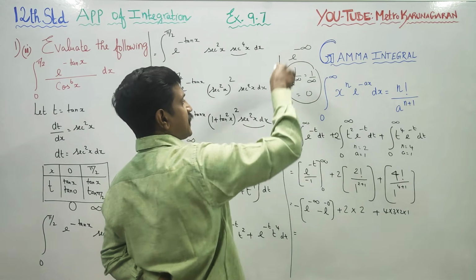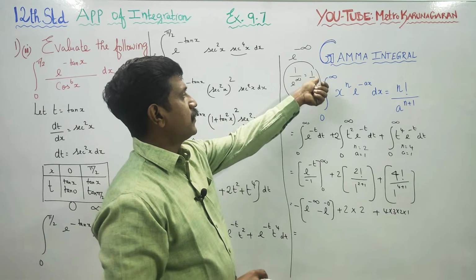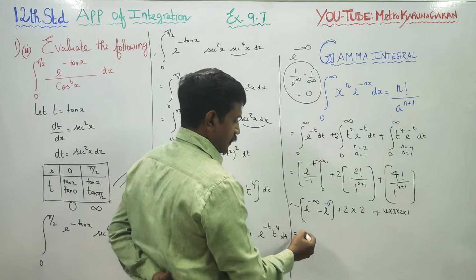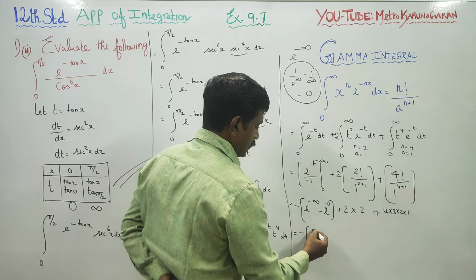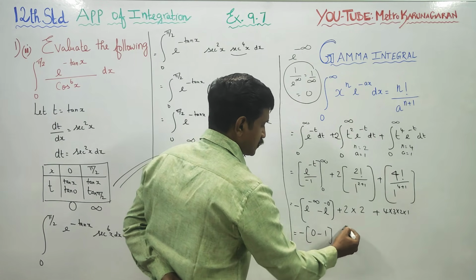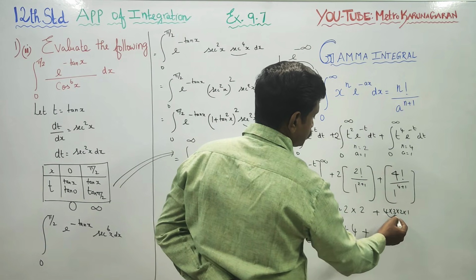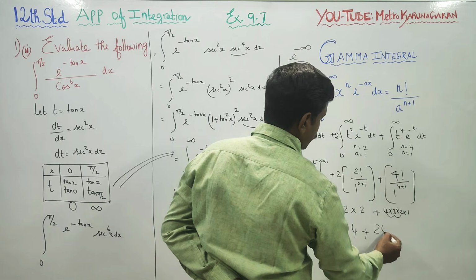E power minus infinity can be written as 1 by e power infinity. E power infinity is infinity, so 1 by infinity is 0. Therefore this is 0. Minus, but this is 1, since e power 0 is 1. Then 2 twos are 4, plus 4 threes are 12, 12 twos are 24.